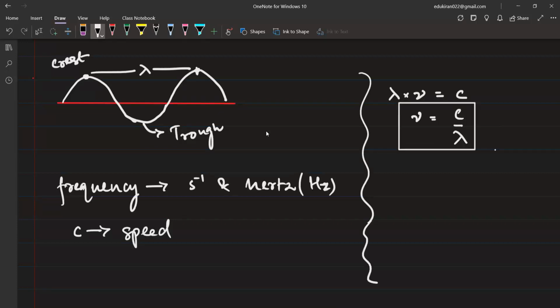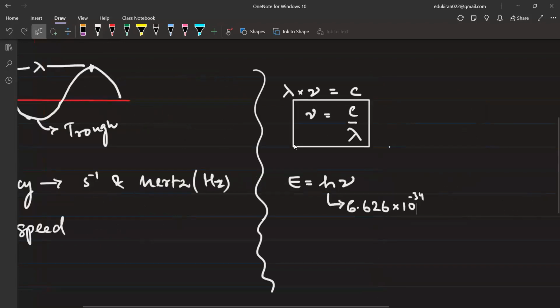Another is the relationship between frequency and energy. Planck's theory we studied, and in that we saw that energy is directly proportional to the frequency of light, and for that we put a proportionality constant h, which is known as Planck's constant. E is equal to h nu. The value of h is a constant, which is equal to 6.626 into 10 to the power minus 34 joule seconds.